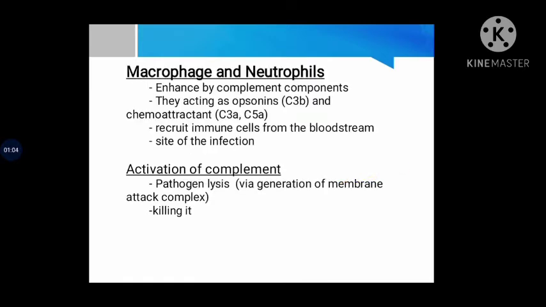Complement components enhance macrophage and neutrophil phagocytosis by acting as opsonin and chemoattractant, which recruit immune cells from the bloodstream to the site of infection. The activation of the complement eventually leads to pathogen lysis via the generation of a membrane attack complex that creates holes in the pathogen, killing it.